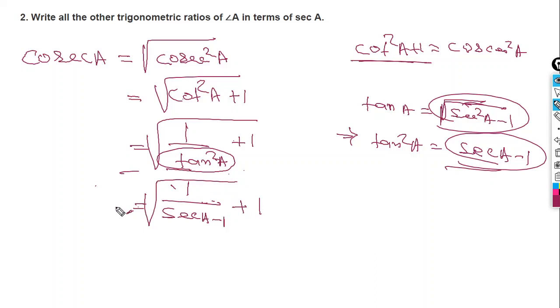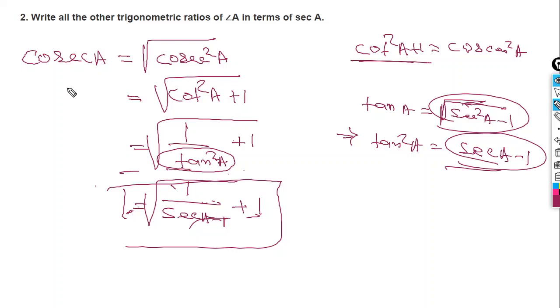So you can leave it as it is, or you can simplify this. So we have now converted all the trigonometric ratios in terms of sec a. You can also convert this in other different ways. So this is one way that I have shown you. There are several other ways as well.